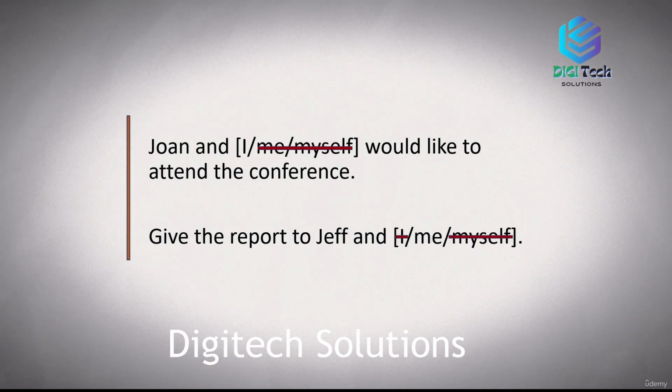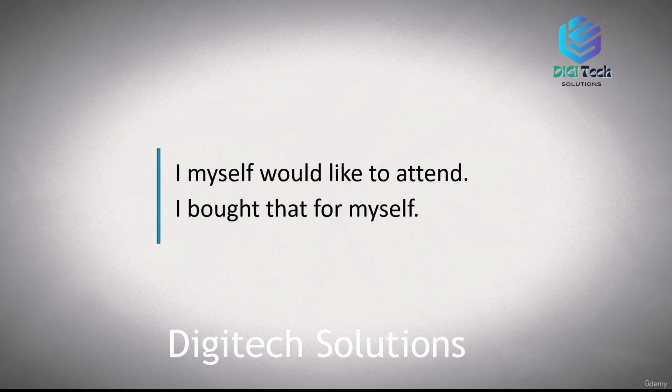John and myself, even though it may have a formal sound, is incorrect. The only two times to correctly use myself are as an intensifier, I myself would like to attend, or as a reflexive, I bought that for myself, which refers back to I.